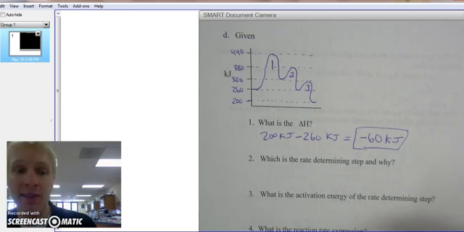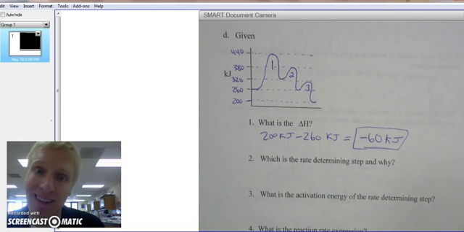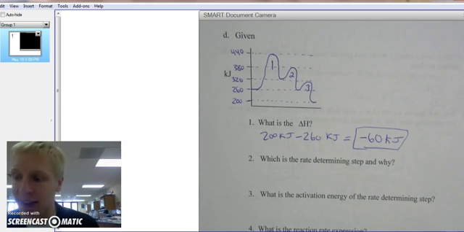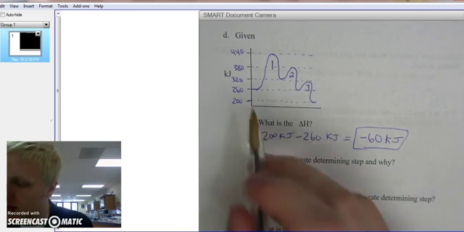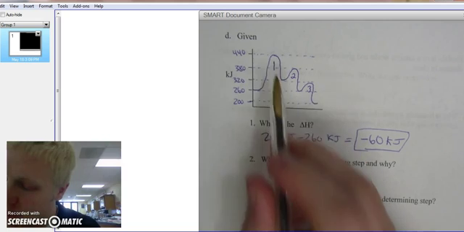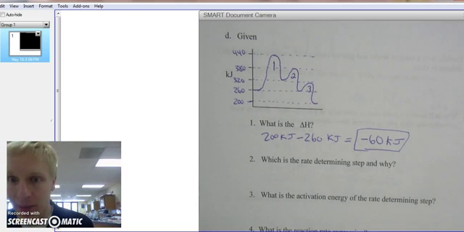It's kind of like having a relay team doing a 400 in track. The person that is slowest is going to basically determine how fast that group can go. Same thing with this. The slowest step is going to be the rate determining step. It determines how fast that overall reaction can go.